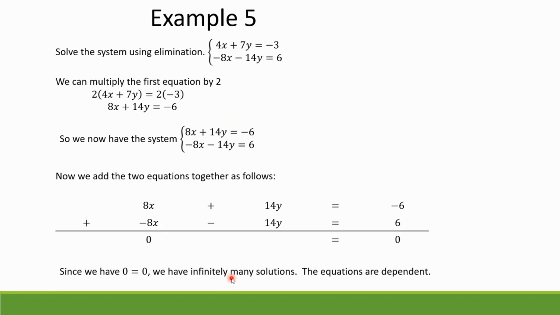We get infinitely many solutions. And the equations then are dependent. So again, we have 0 equals 0. When we get something like this, an equation that's true with no variables, that tells us the equations are dependent and there's infinitely many solutions.